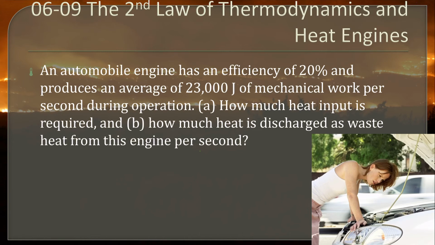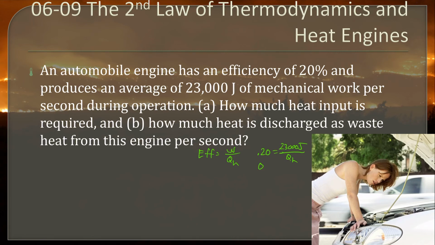Well, efficiency for a heat engine is work over the hot energy. So our efficiency is 20%, and the work that we're getting out is 23,000 joules, and we have that heat.